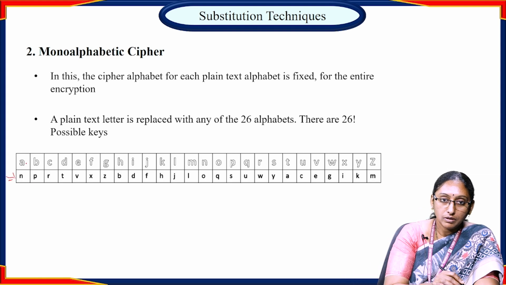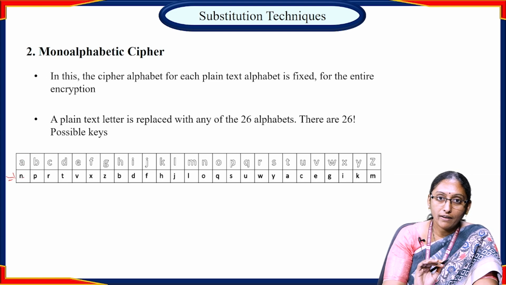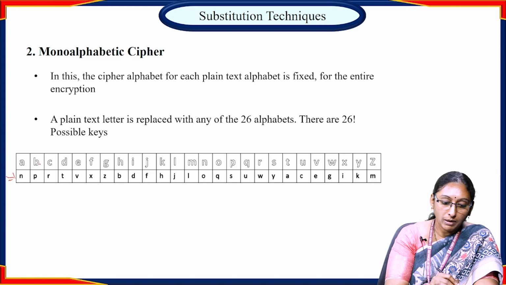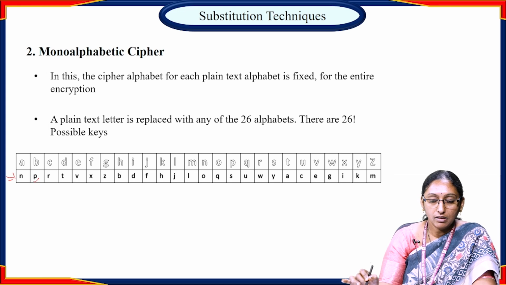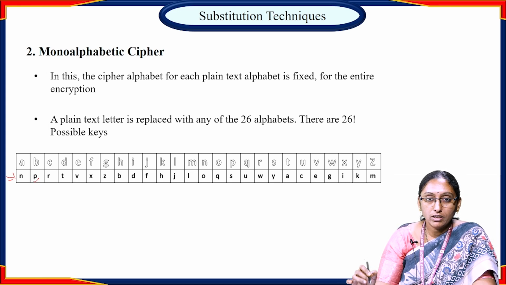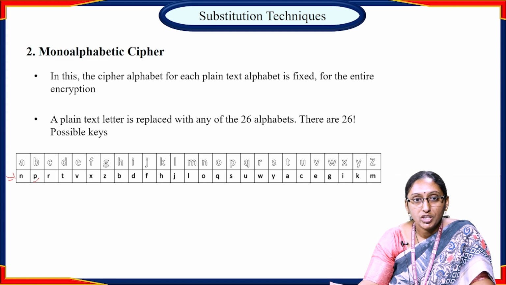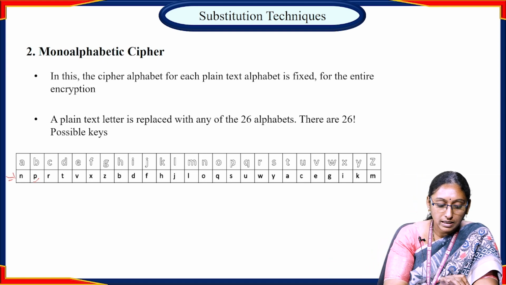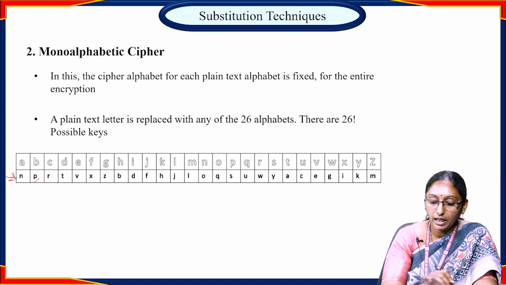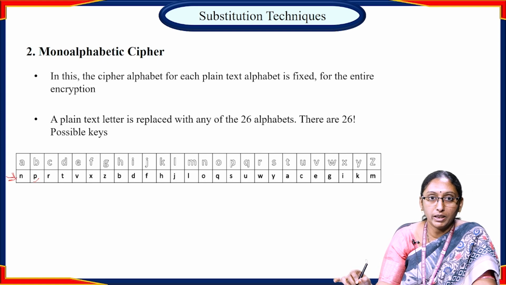Suppose the source side fixes that A is replaced with N. So wherever you have A in the plain text, it will be replaced with N. Wherever you have B in the plain text, it will be replaced with P. Like that, the source side fixes the ciphertext letters. The same sequence should be known to the destination side to perform the decryption process. But what is this sequence? It is one of the A to Z permutation sequences.